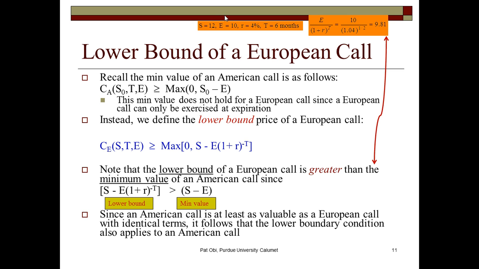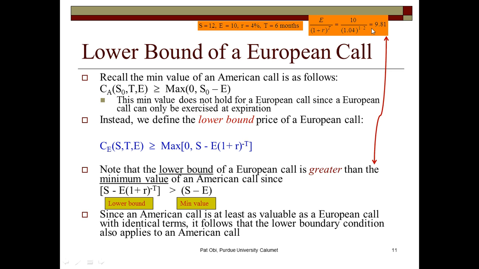Now let's calculate the lower boundary condition, given that this option is a European option. First of all, we need the present value of the exercise price. Writing it in more conventional form, that's E divided by 1 plus R to the T. If you discount the exercise price, making sure that 1 plus 4% is discounted over half a year, since it's a 6-month option, we find the present value of this exercise price of 10 to be 9.81.